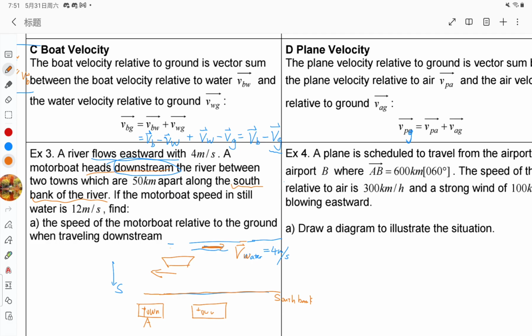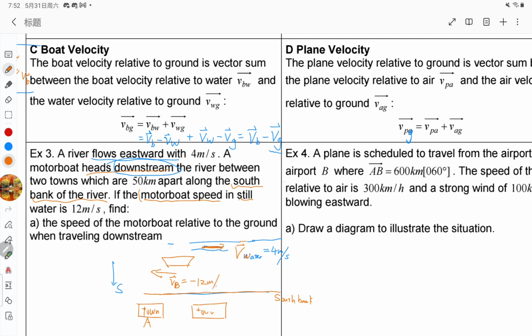This is important, it's the motor speed without subtracting the water. Like in still water, as if the water doesn't move, as if the boat is driving on the ground, it's just 12, right? So I'll say this v boat is maybe negative 12 because this is driving downstream, right? Downstream must be the different direction from the water flow.